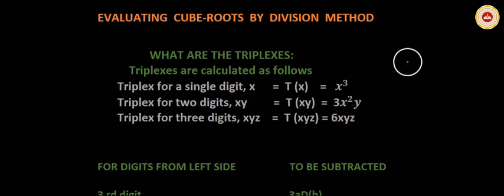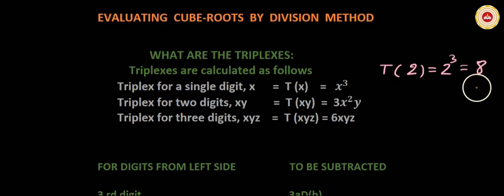For example, let us calculate the triplex of 2. Just cube 2, 8. Triplex of 2 is 8 because this 8 is the cube of 2. To calculate the triplex of a single digit, you have to cube that digit. How to calculate the triplex of 2 digits?